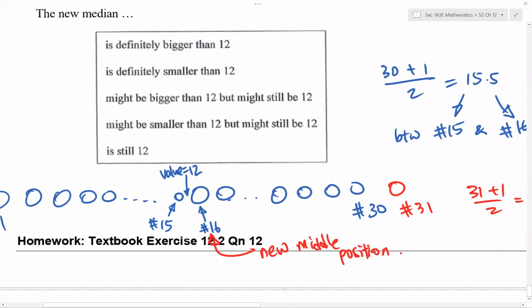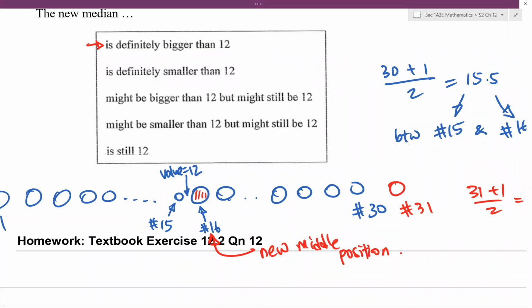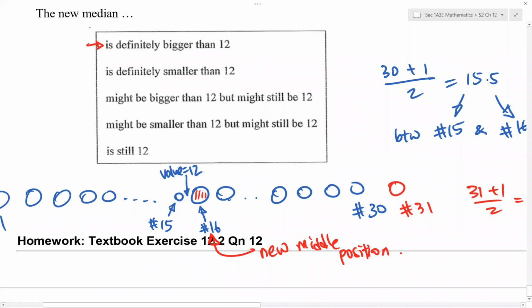Question. This new value, is the value definitely greater than 12? That is the first point. Is it definitely bigger than 12? It might not be. It could be 12, right? Because for the original median to have a value of 12, it could have been a case where position number 15 got a value of 12, position 16 also got value of 12.